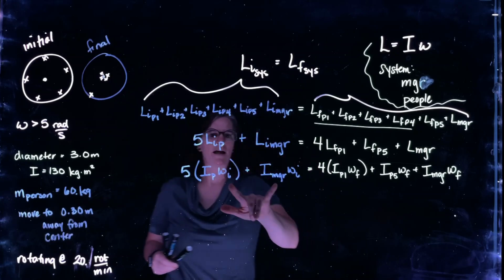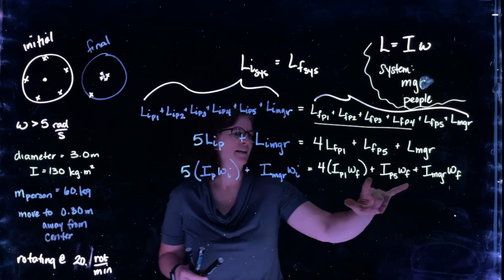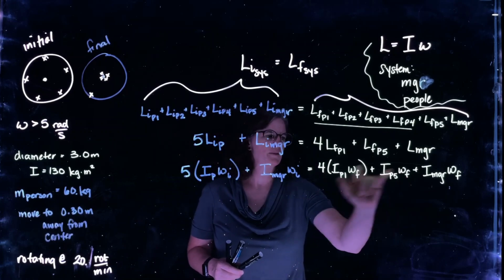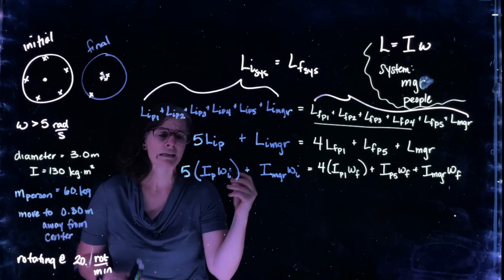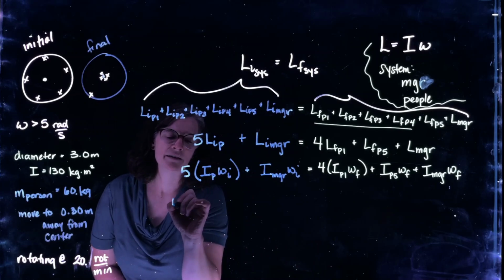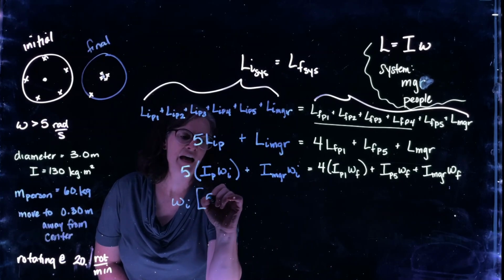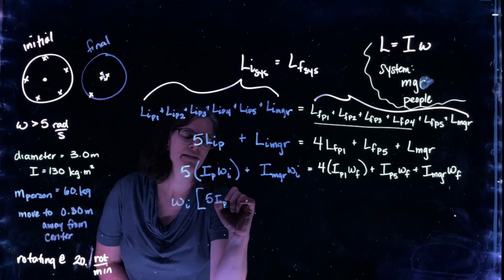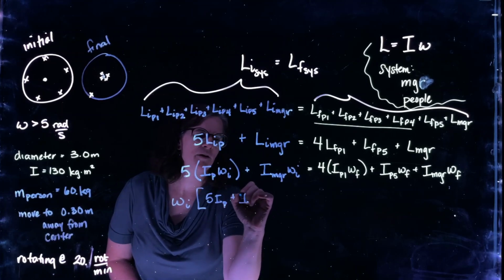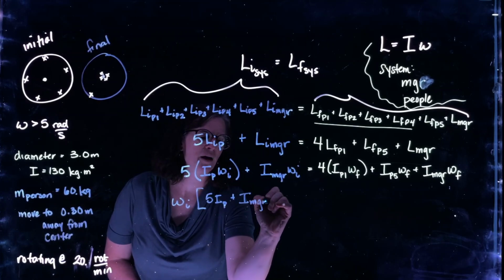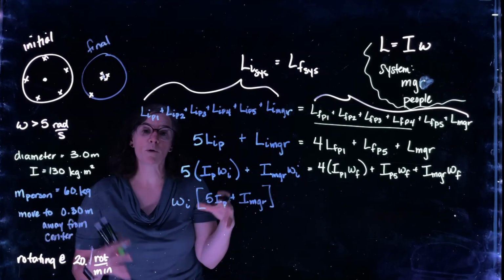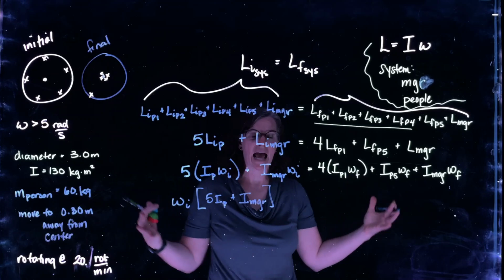All right, so now I can pull out my angular speeds, and I have the initial angular speed times 5 times the moment of inertia of a person plus the moment of inertia of the merry-go-round. And this should make sense. Our moments of inertia of the system are going to add together.